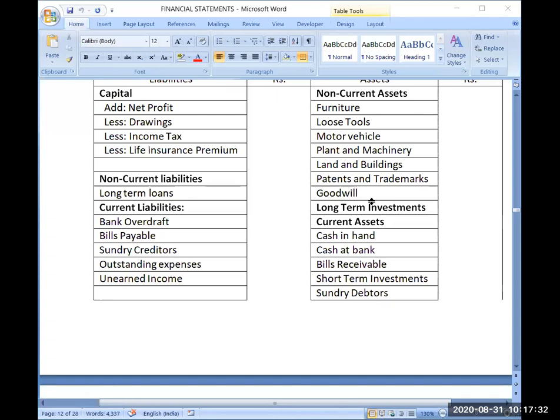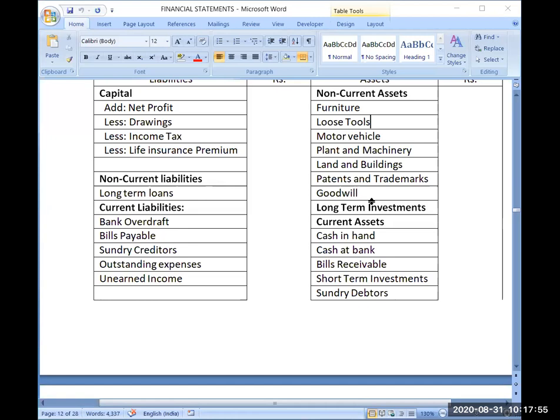Then next is current assets. So cash you are having either in hand or at bank, or whatever promises you have received from your debtors in writing that on such date I will be paying your money back. That promise is termed as bills receivable. So bills receivable and sundry debtors are almost the same.